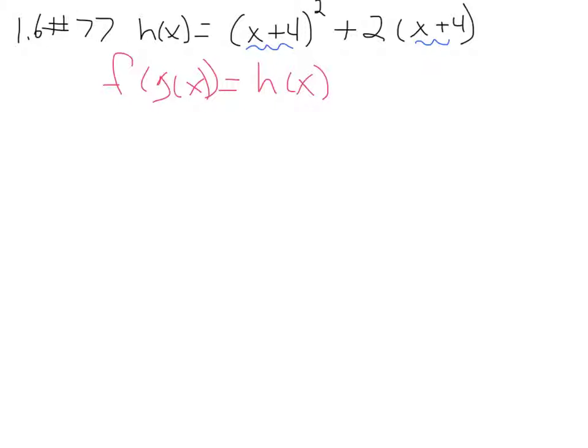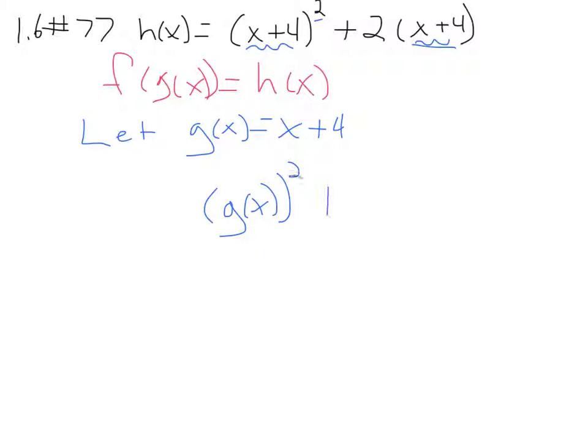It's squared here, right? But it's linear here. So if I let g of x is equal to x plus 4, now I can replace all of my x plus 4s with this g of x. So we're going to get g of x squared plus 2 times our g of x.